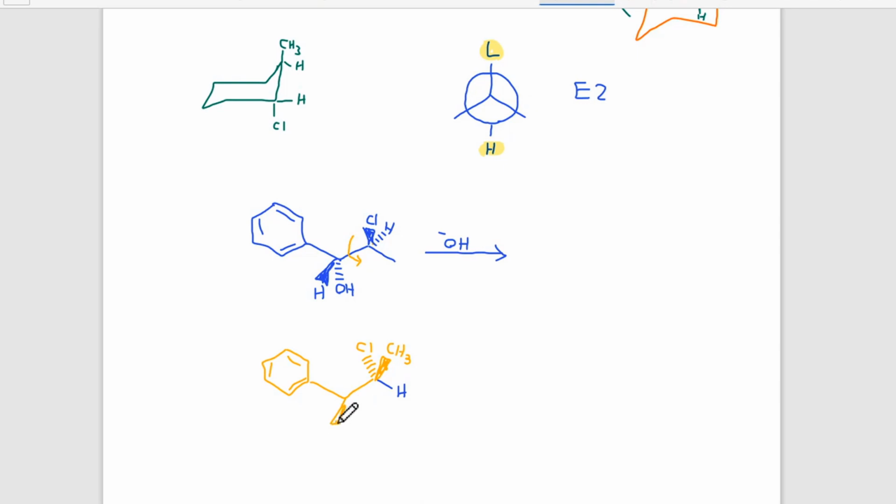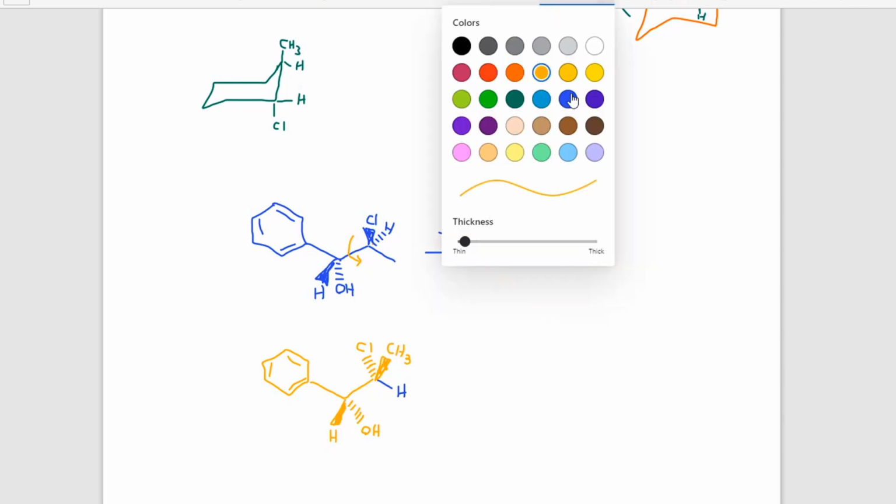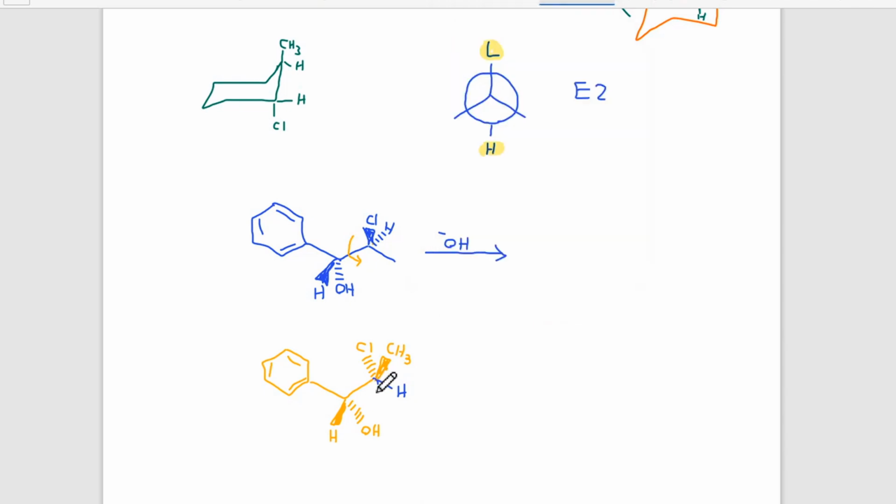So in a case where you can rotate around the single bond to make them anti to each other, on the opposite side, because remember, here is your leaving group, and here is your beta carbon position.